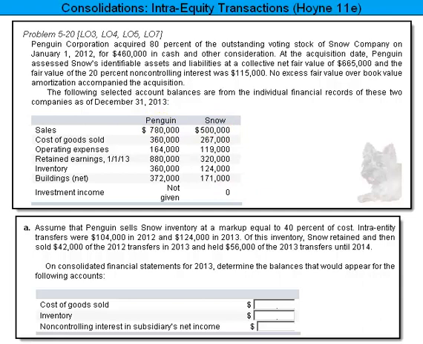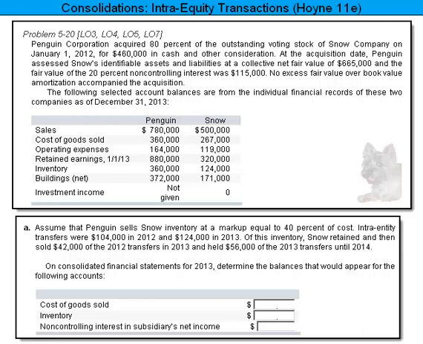Now, let's look at part A of this problem. It says, assume that Penguin, that's the parent, sells to the sub, that's Snow, inventory at a markup equal to 40% of cost. Intra-entity transfers were $104,000 in 2012 and $124,000 in 2013.